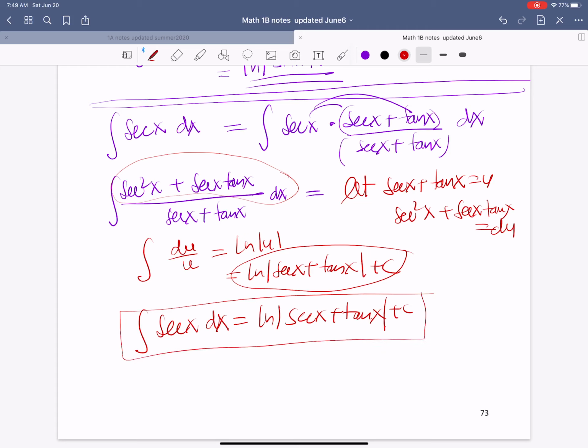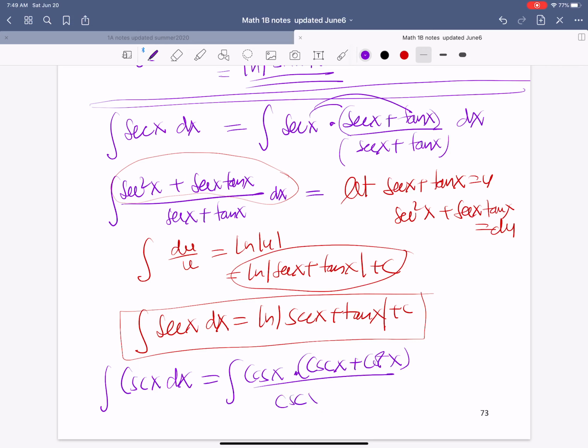The next one is the integral of cosecant x. What we're going to do here is multiply top and bottom by cosecant x plus cotangent x, and go ahead and try the rest.